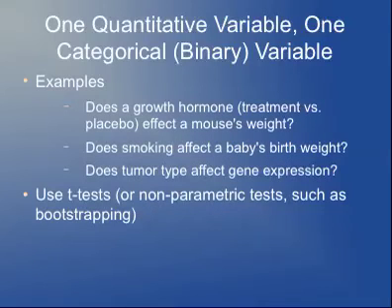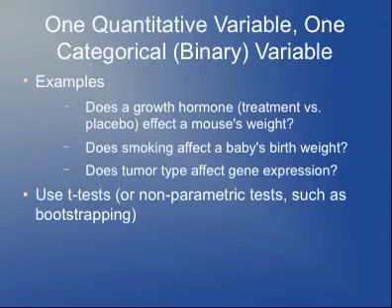And if you have one categorical variable that's binary and one quantitative variable, say you treat your mice with some type of growth hormone, either a treatment group or a placebo, and want to see if it has an association with the mouse's weight, or does smoking affect a baby's birth weight, or is there an association between metastatic and non-metastatic cancer and gene expression?